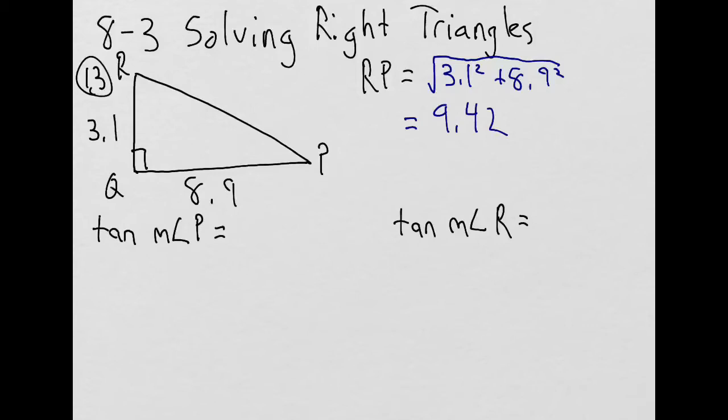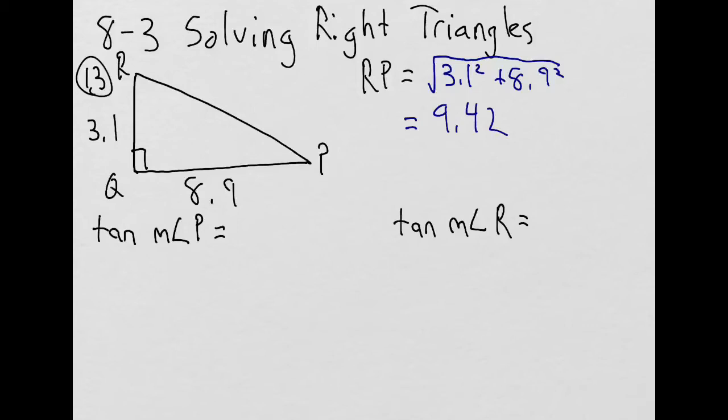So let's move on to the new stuff. Let's take a look at angle P to start off with. We want to find angle P. We could technically use any of the trig functions, sine, cosine, or tangent.